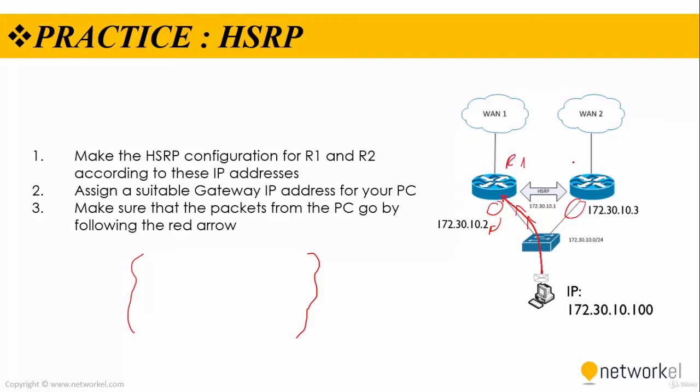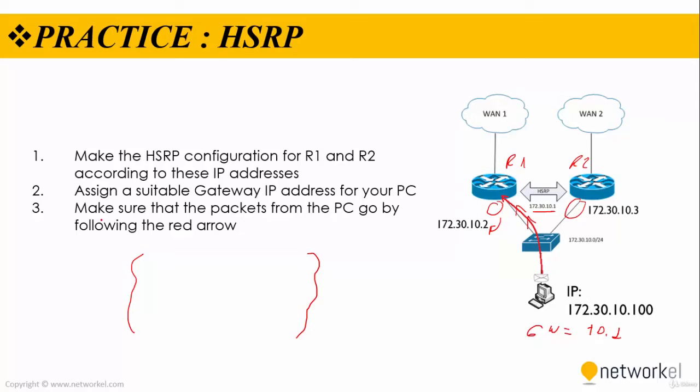And I need to assign a suitable gateway IP address. That's gonna be our HSRP IP, so the gateway will be 10.1 for the PC.